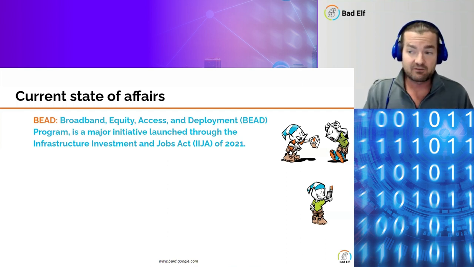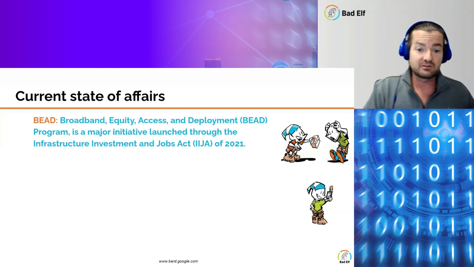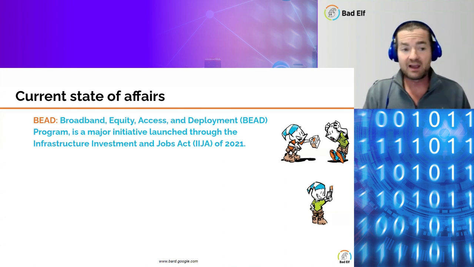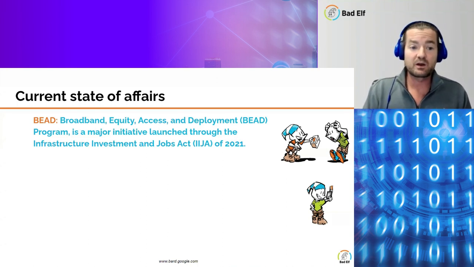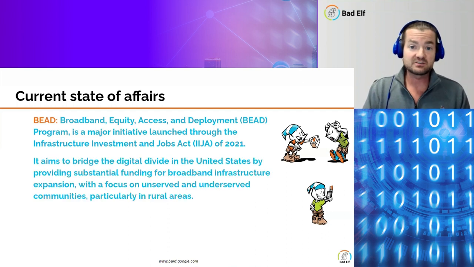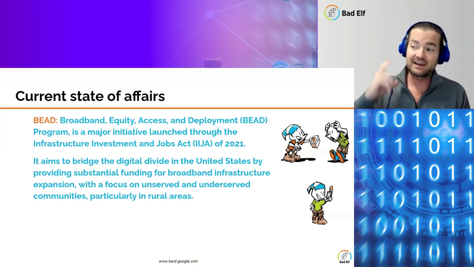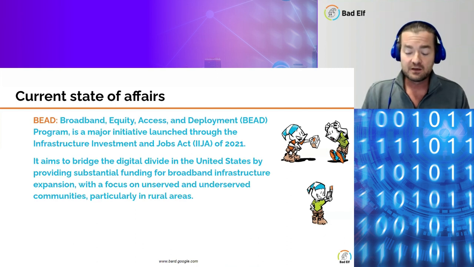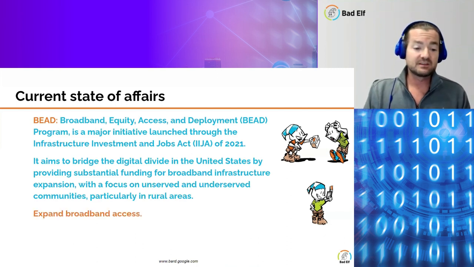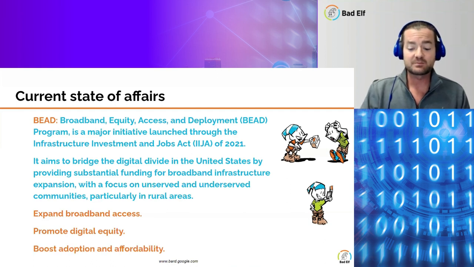And this is where everybody, I'm assuming here, whether you're a state and local government, fed or private side, this is why we're here. We want to learn about how we can better serve our constituents and customers. The aim here is to bridge that digital divide by providing substantial funding for this infrastructure so that that cost is not just falling on the local communities. This helps expand broadband access, promote digital equity, and boost adoption affordability.